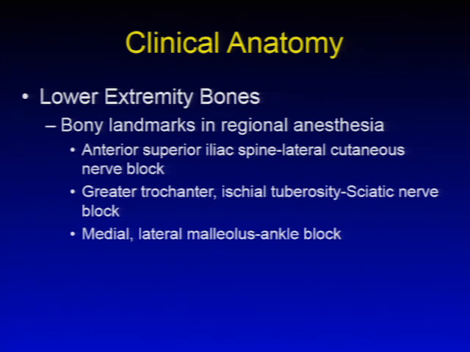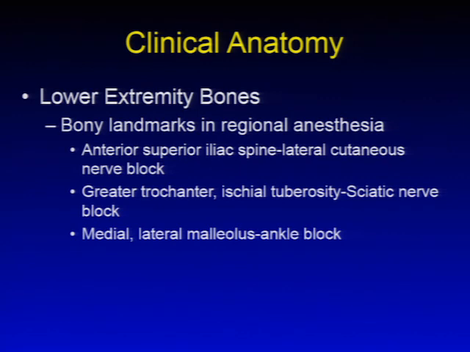Continuing with clinical anatomy, we will discuss the lower extremity bones. Bony landmarks of the lower extremity are helpful for performing blocks in regional anesthesia. The anterior superior iliac spine is the landmark for the lateral cutaneous nerve of the thigh.